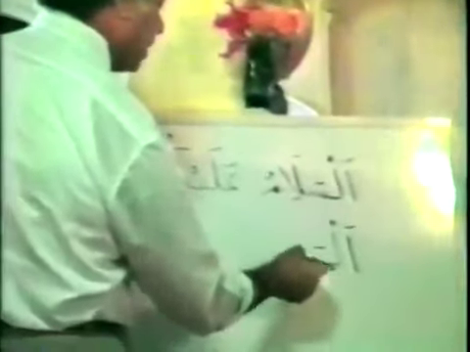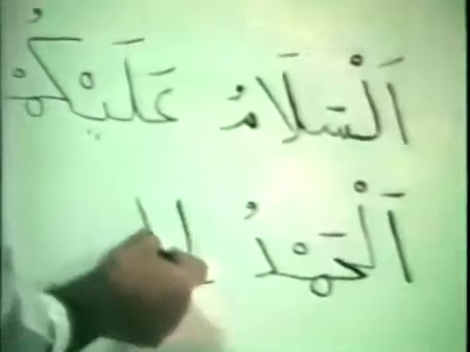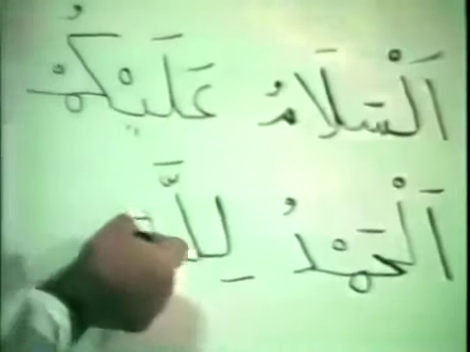This is the ha. This is the mim. Alhamdu. There's the dal with the dhamma. Lillah. Li. Another lam with a shadda. Alhamdulillah. See how easy it is? All you need to do is memorize the alphabet. This is Alhamdulillah.